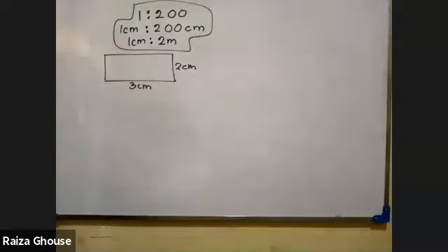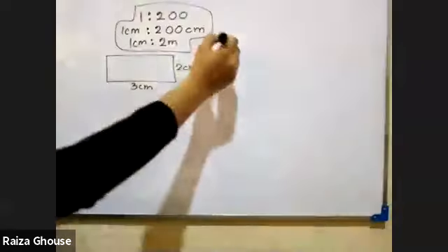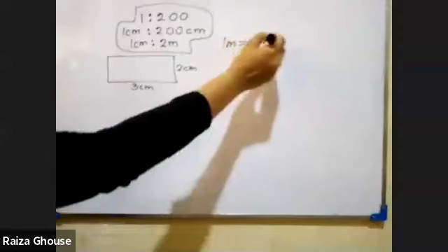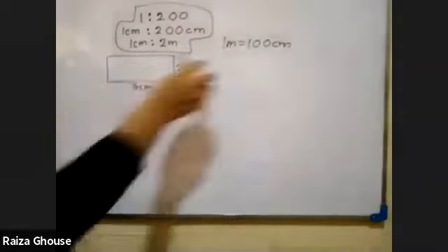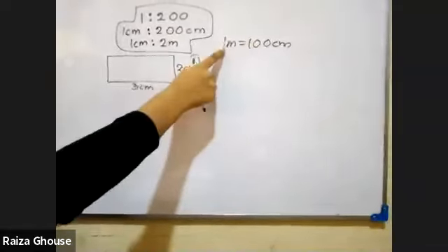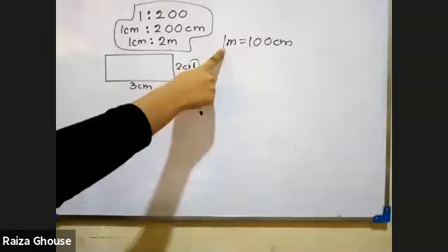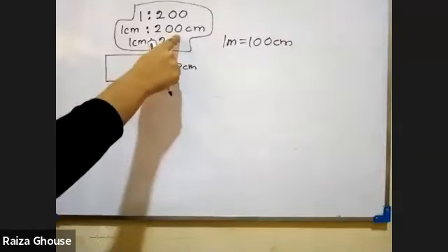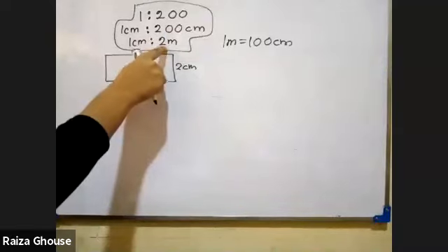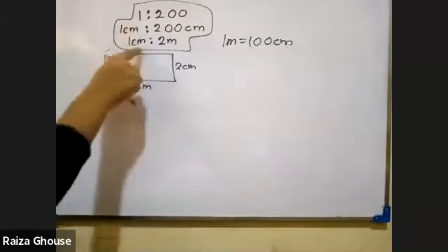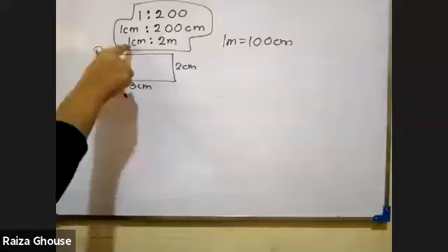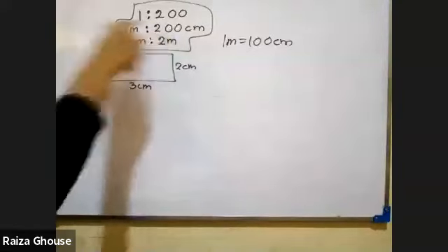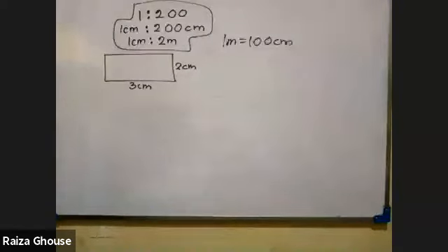Now, if they ask you what is the actual length, you have to convert it into meters. You know that 1 meter is equal to 100 centimeter. So 200 centimeter is equal to 2 meter.